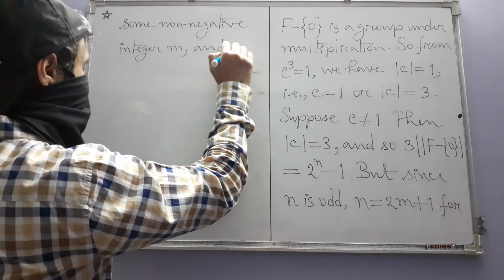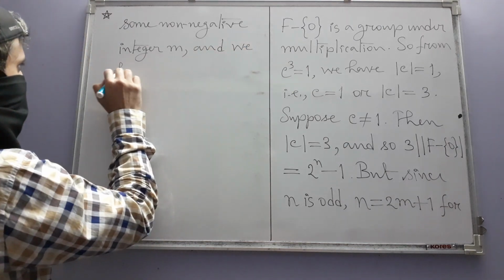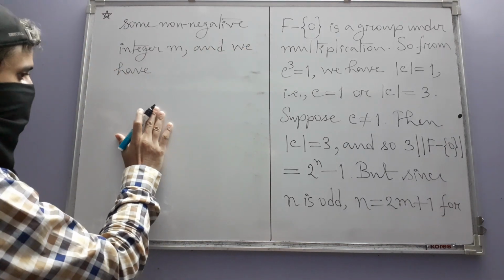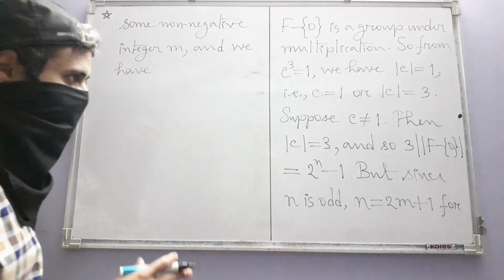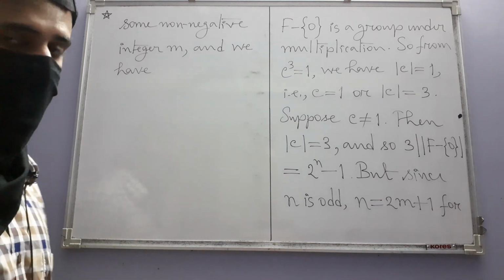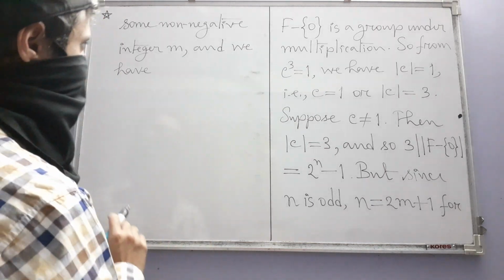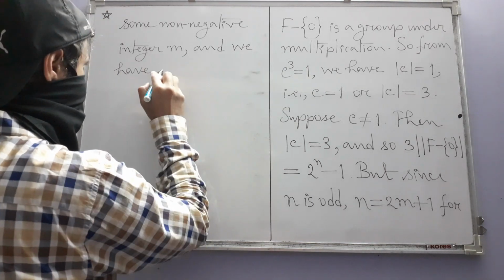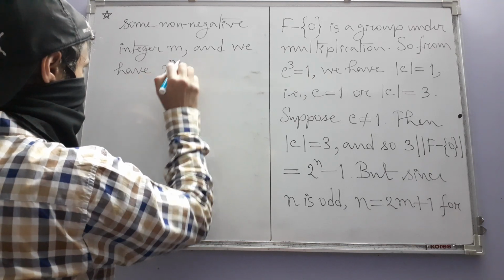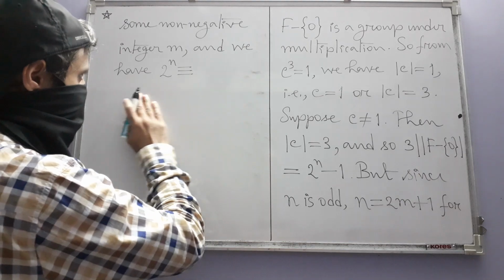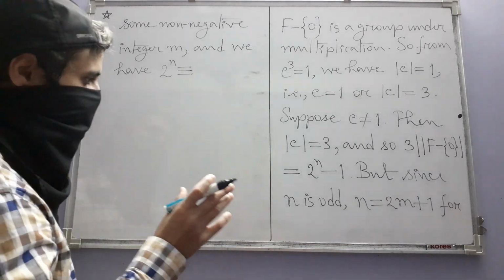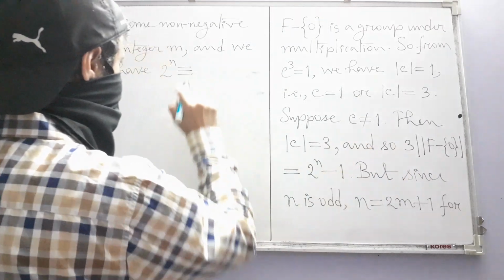And we have these congruences. We can just simply rephrase divisibility or lack of divisibility in terms of congruence or incongruence. And in these congruences, we are going to consider the modulus as 3.